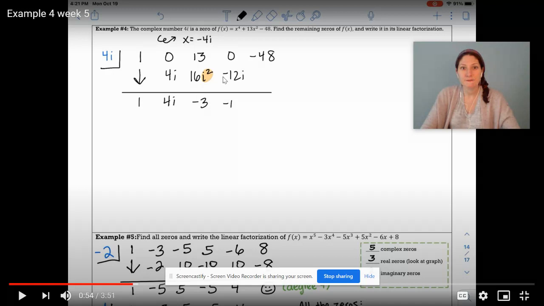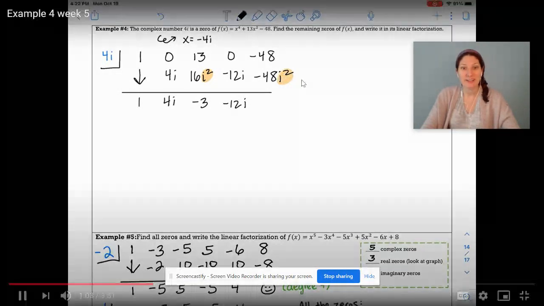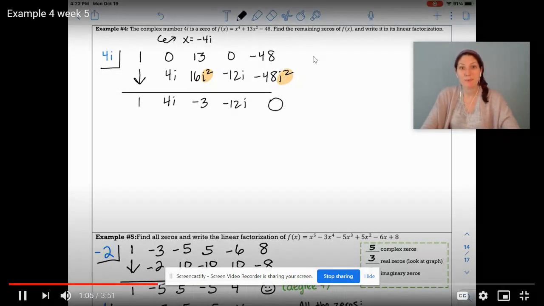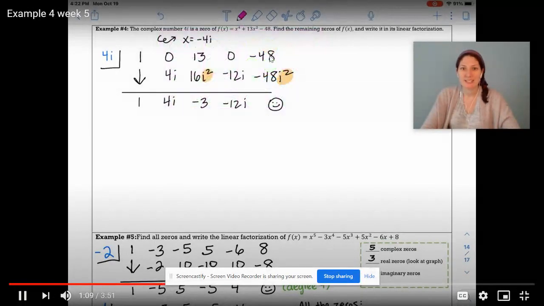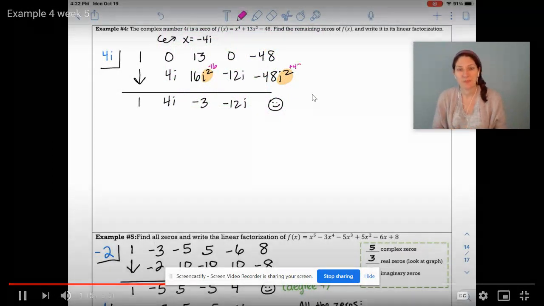Negative 3 times 4i, add the columns, and then again, I've got negative 48i squared. And whenever your term has the i squared, it's multiplying that number by a negative 1. So that will change this to negative 48 plus 48, which is how we get that remainder of 0.